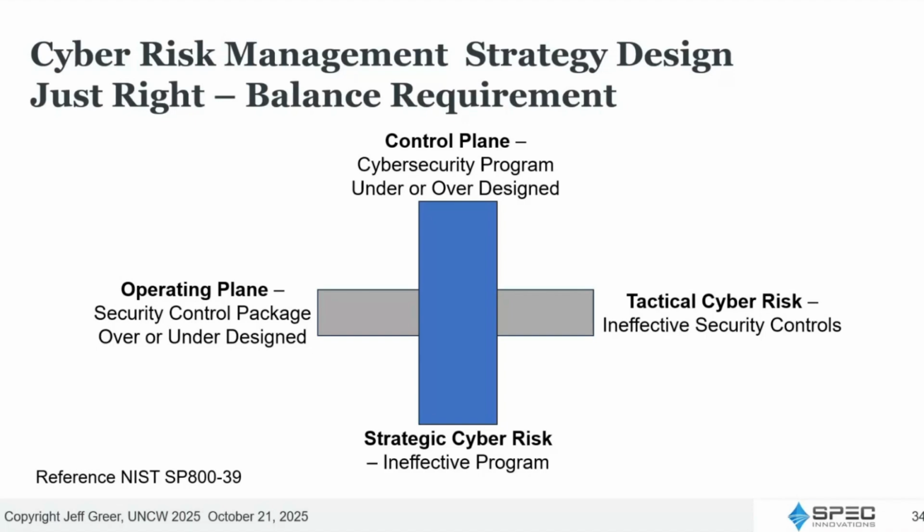Or maybe you did anticipate the attack, you have controls deployed, but they didn't work as well as you had hoped, right? But the main point here is you've got just two levers. You're either working with a cybersecurity program or you're dealing with the tactical cyber risk management security control package. They're interrelated, right?